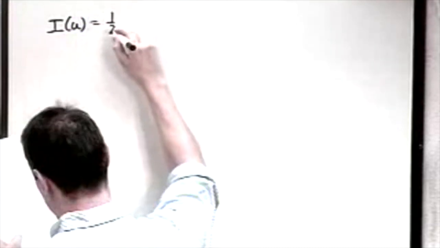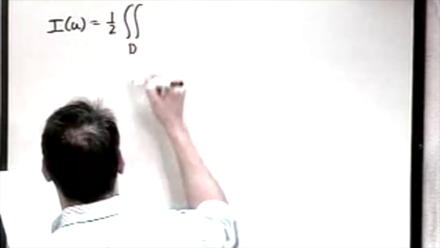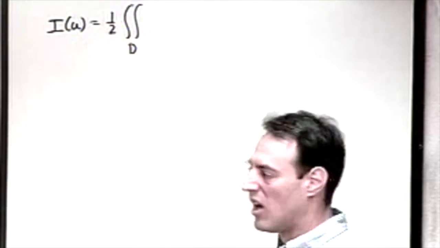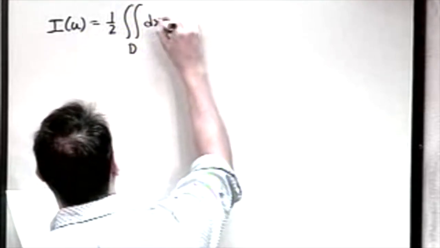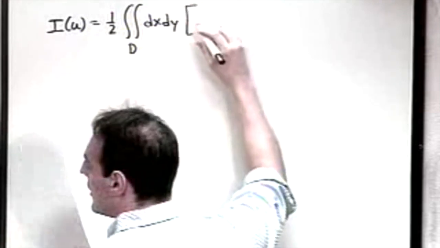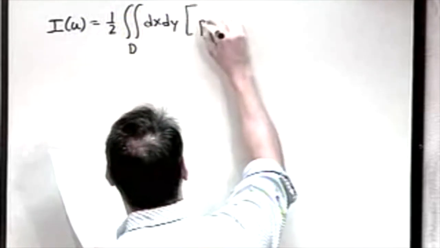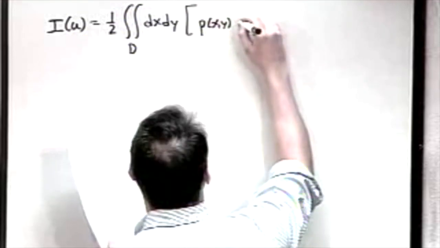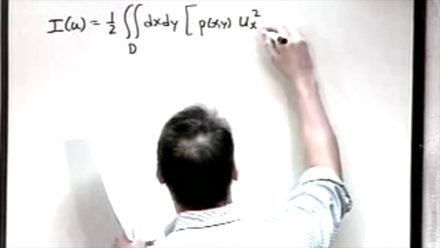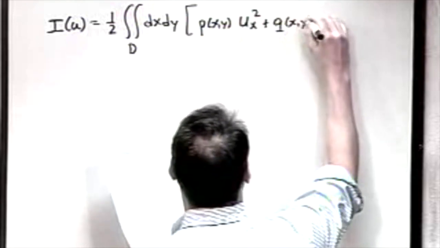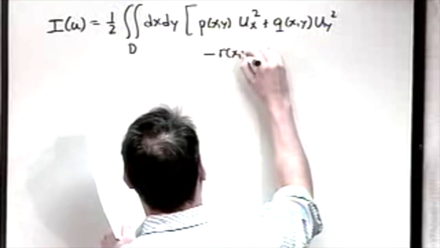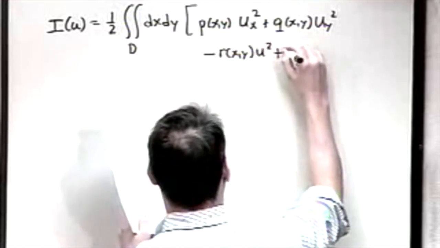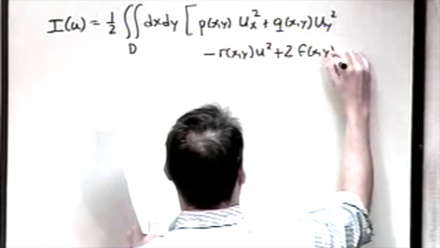I of u is equal to 1/2 times the integral. Remember, you're integrating over some domain now. This was for a 3-dimensional space; now you're in a 2-dimensional space. dx dy of, here is your f: p of x y times u_x squared plus q of x y times u_y squared minus r of x y u squared plus 2 f of x y u.